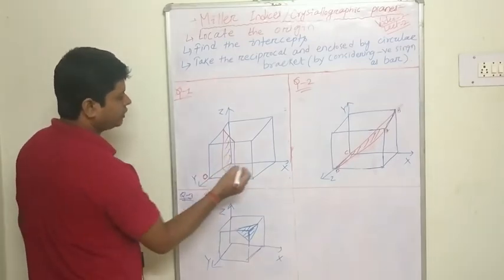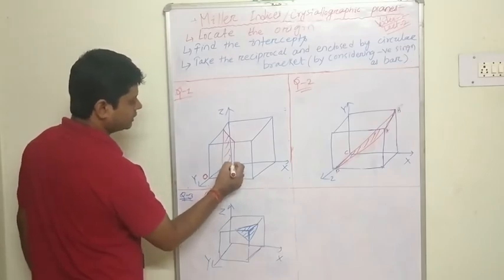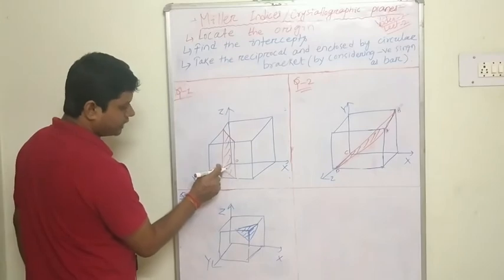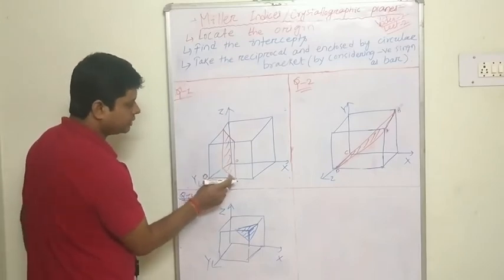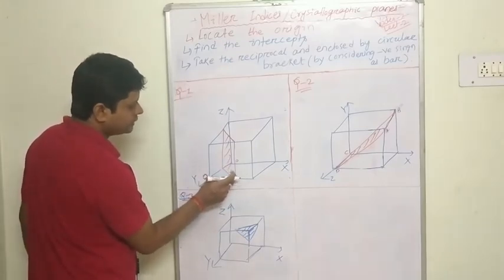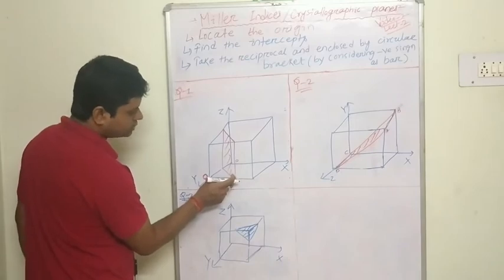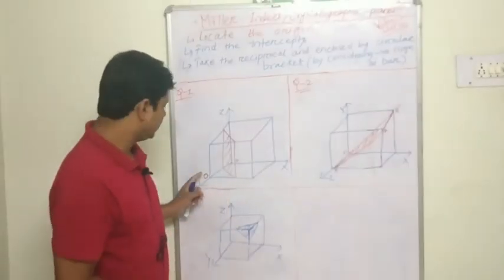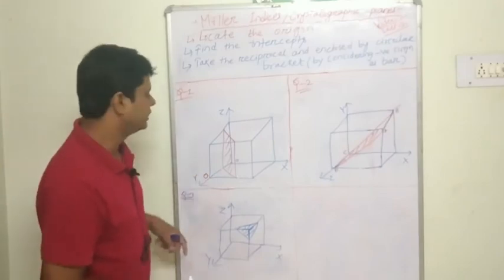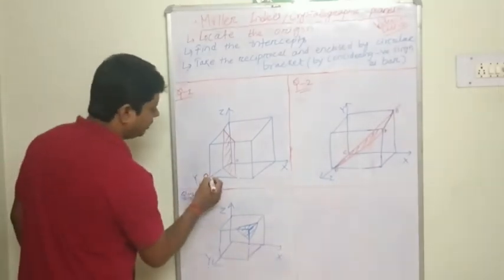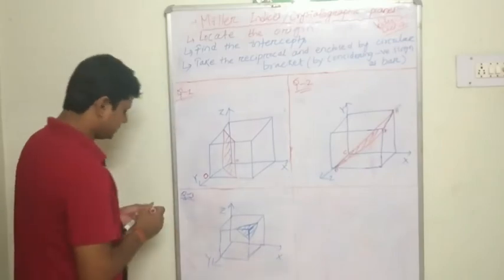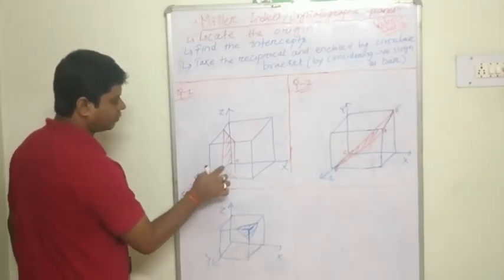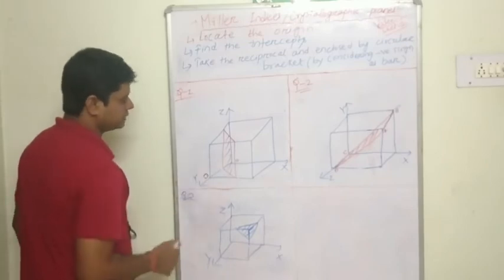Okay, if we consider this point to be the origin, we can find the plane cuts here, but we could not find which axis this intercept is for. If we consider this to be the origin, then we can find along the x axis there will be one cut or one intercept here, and along the y axis one cut or one intercept here.